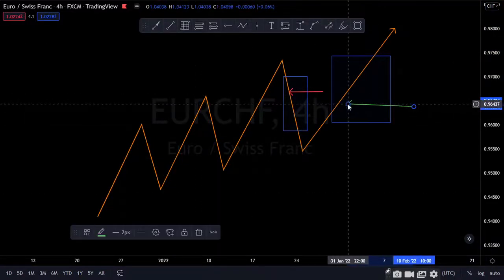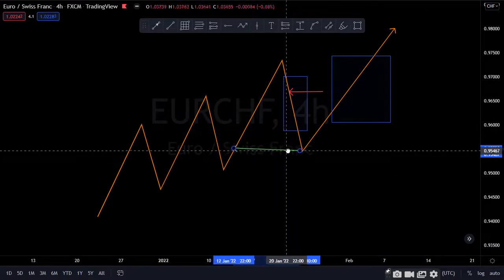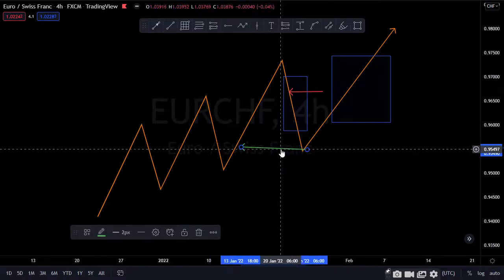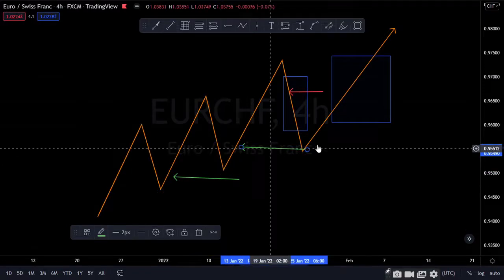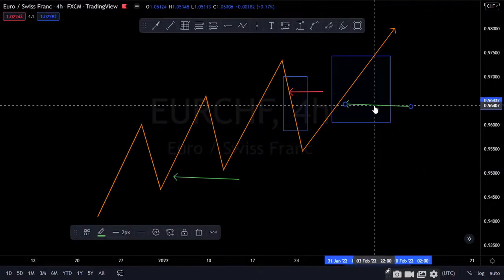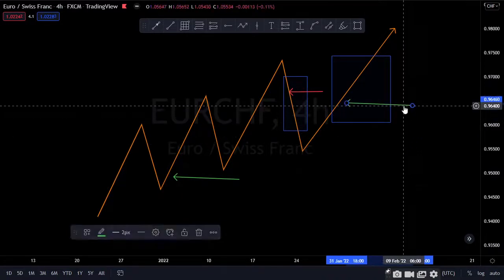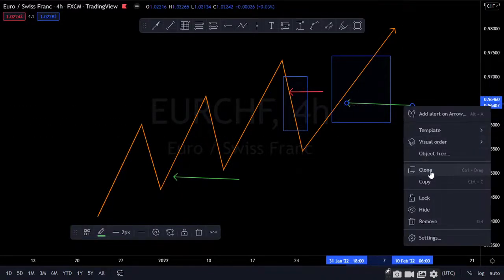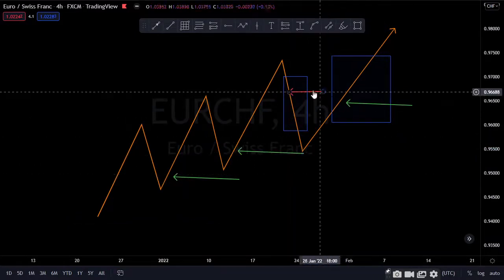We have this area when the market is going up, and here the market was going up. Let me clean it so that it will be simple. Okay, we have these areas, and then we have these areas.